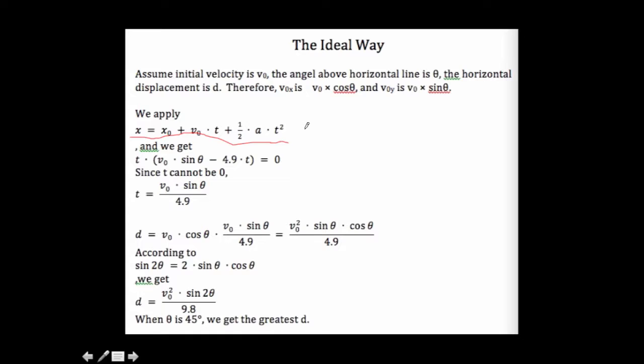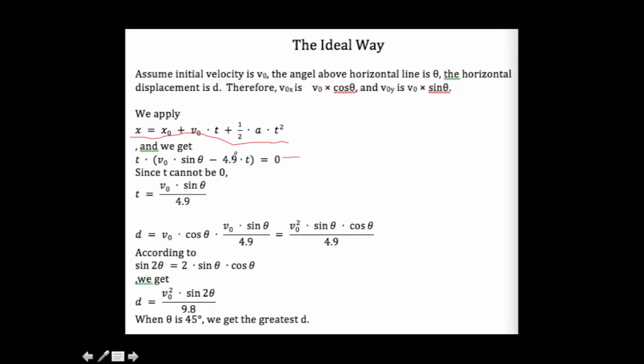Okay, so this is the formula we need to use here. x equals x0 plus v0 multiplied by t, where t is time, plus 1/2 multiplied by acceleration multiplied by t squared. So we plug in the numbers we need, and then we change the sequence, and we get this.